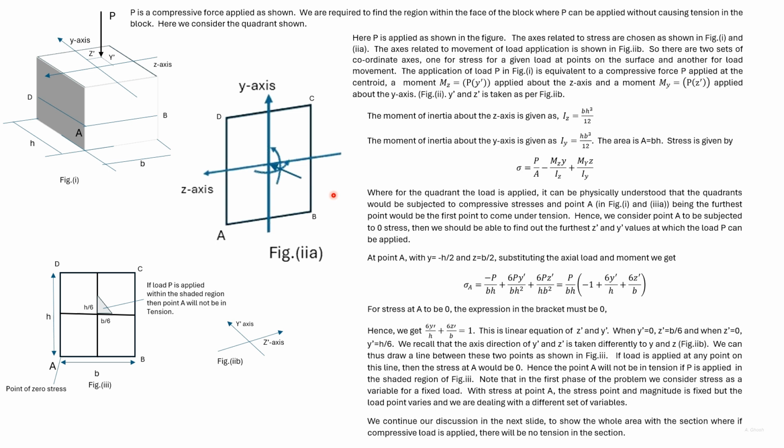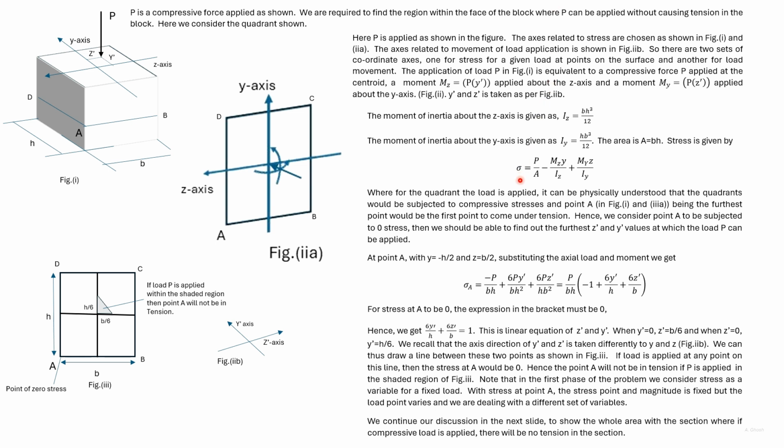As earlier mentioned, we want the situation where the stress at A is 0. So we will find out the stress at A first using this equation. At A, y is equal to minus h by 2 and z is equal to b by 2.